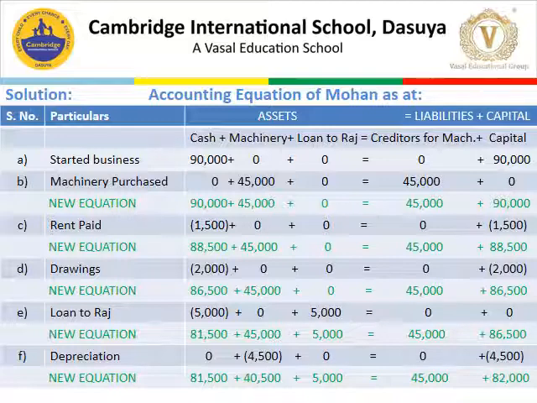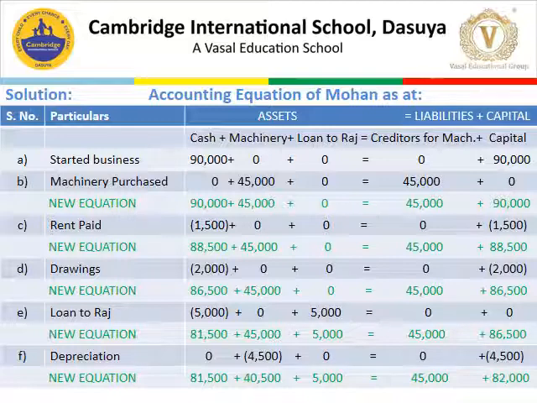The next is loan given to Raj. This is the loan given by the business to Raj. So Raj will become a debtor. So 5,000 rupees goes out of the business. It is an outflow of cash, so 5,000 will be deducted from cash. No effect over the machinery. Since it is a loan given to Raj, Raj will become a debtor. So on the asset side, there is a new column of rupees 5,000 in the name of loan to Raj.